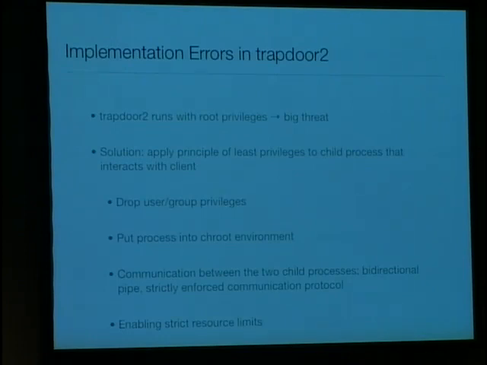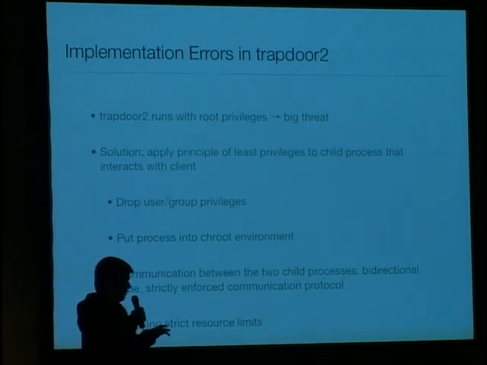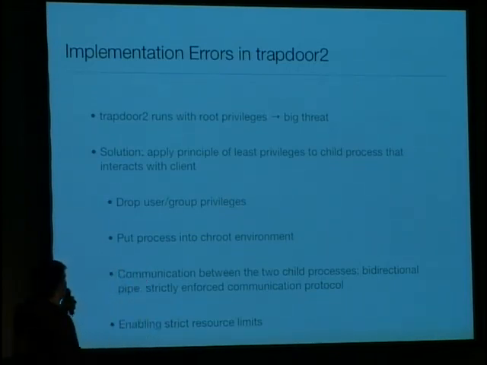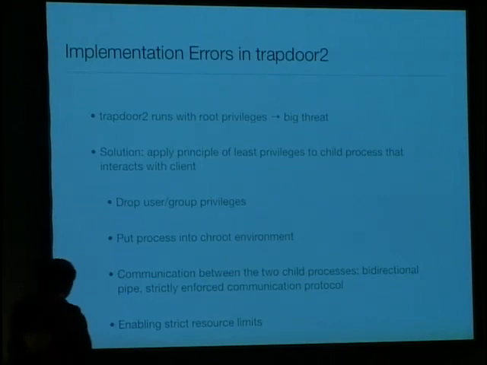Yeah, let's talk about the implementation errors themselves. As I mentioned before, chapter 2 runs with root privileges, which is a big threat. And so you have this one child process that interacts with the client, and you really have to apply the principle of least privileges to this child process.